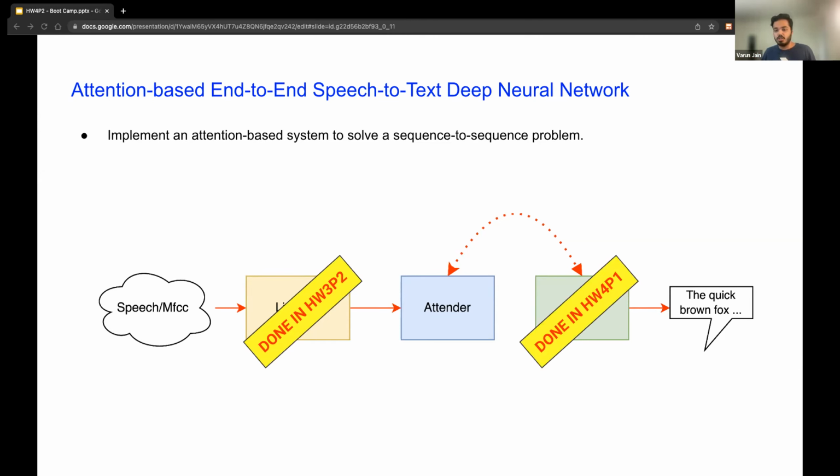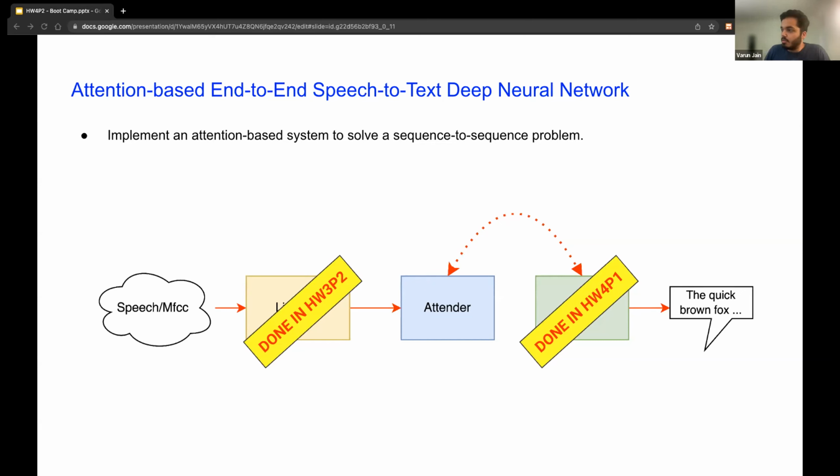We designed homework 4P1 in such a way that it will help you set up your speller easily, and we have provided more information on what is required to make your speller. Also, the 4P1 speller is without the attention context, which means it is much simpler to code, and it also doesn't have teacher forcing. Those are the two extra things that we'll be talking about in this bootcamp today.